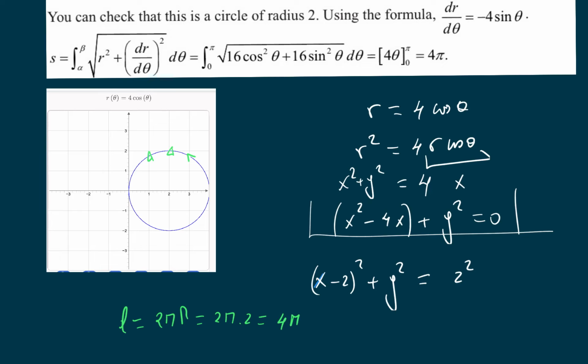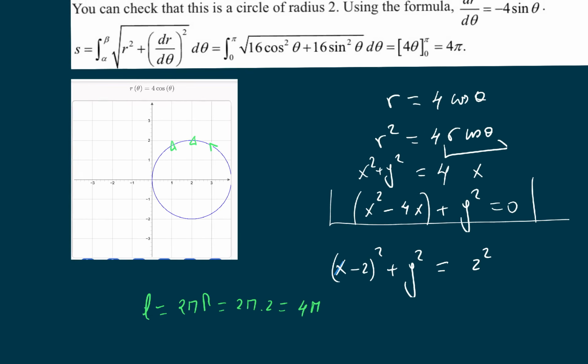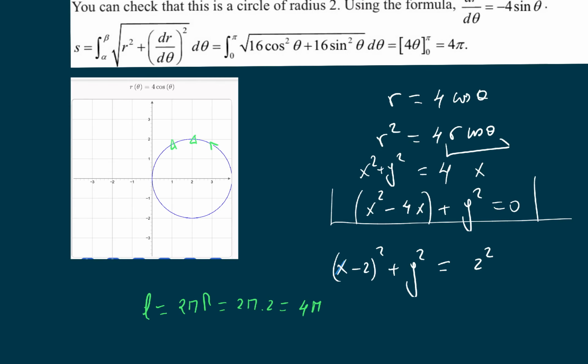But the problem says find it using our polar equation to find the length. So the polar equation to find the length is the integral of the square root of r squared plus the derivative of r with respect to theta squared, d theta. What is r of theta? R of theta is a circle of radius 2.